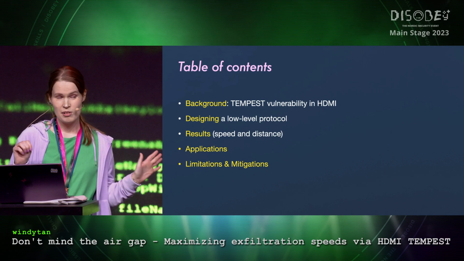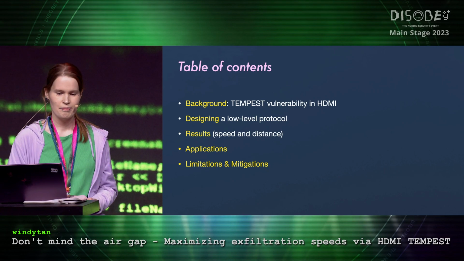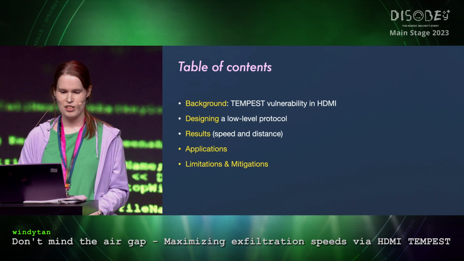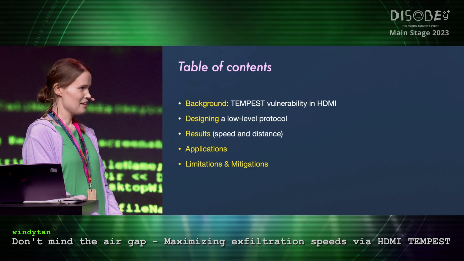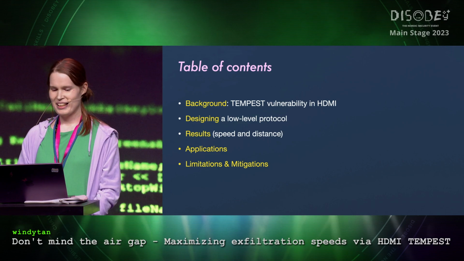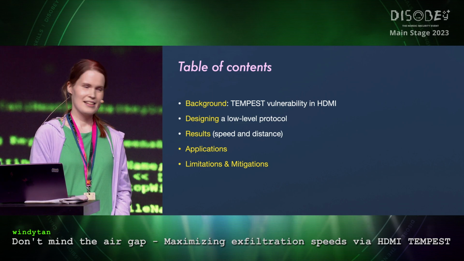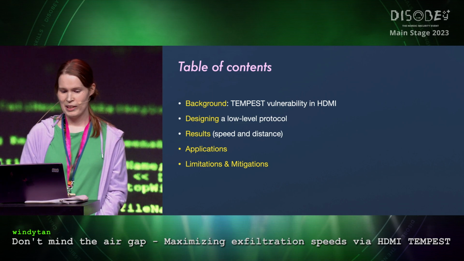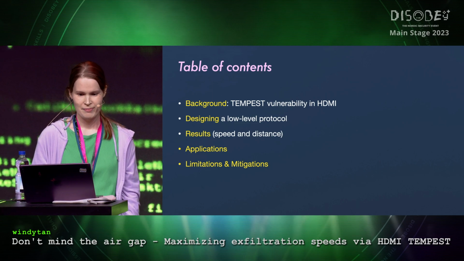We'll discuss some results, how far I can make this connection, and how fast it can transmit bits. And finally, I'll discuss some practical applications, maybe nefarious or not, and then let's discuss what could be better about this and how you could be protected from it.